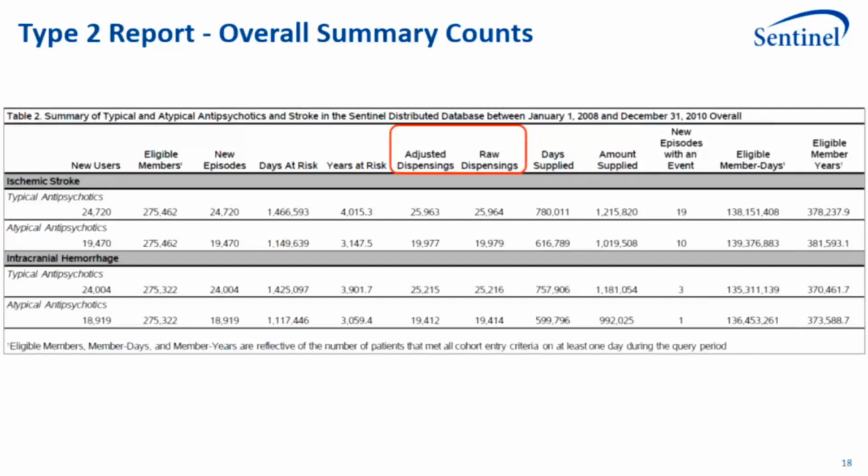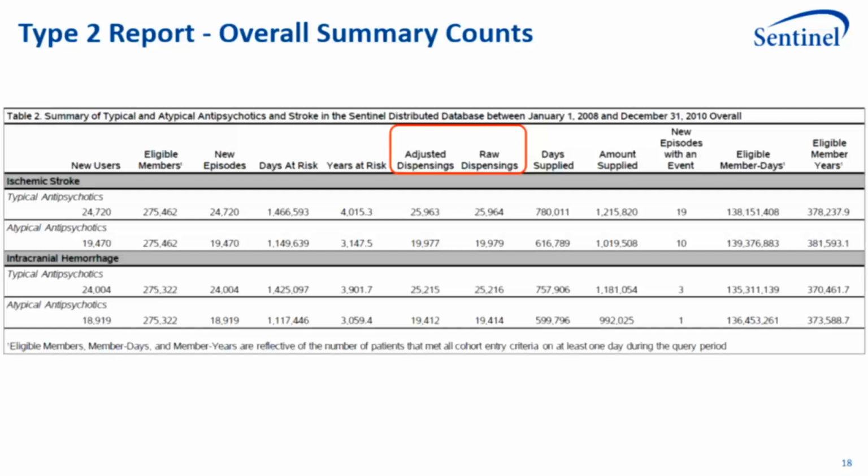So moving along, it's out of order in terms of left to right, but adjusted dispensings and raw dispensings. This is getting at a little bit of what Judy touched on this morning, that stockpiling parameter. You can decide how you want to treat people who were dispensed the same drug multiple times on one day.